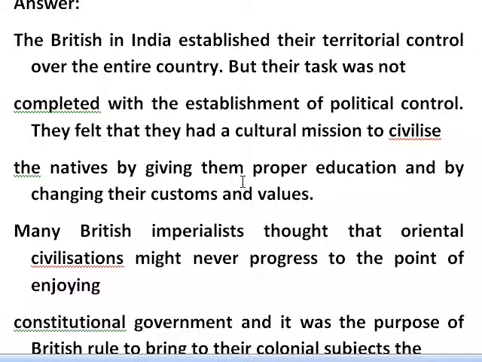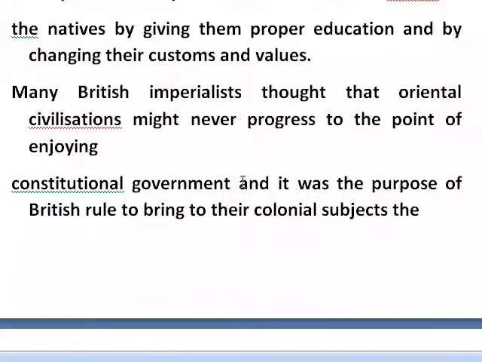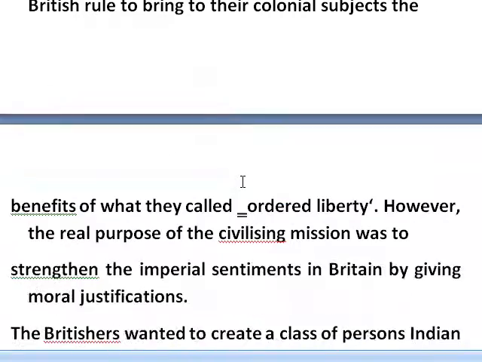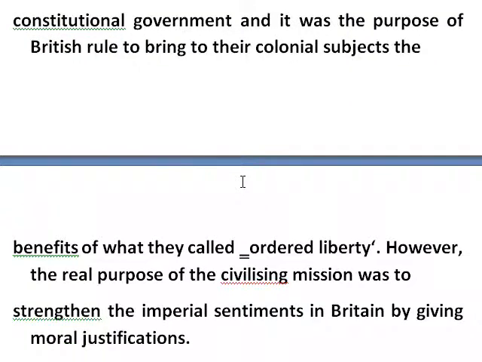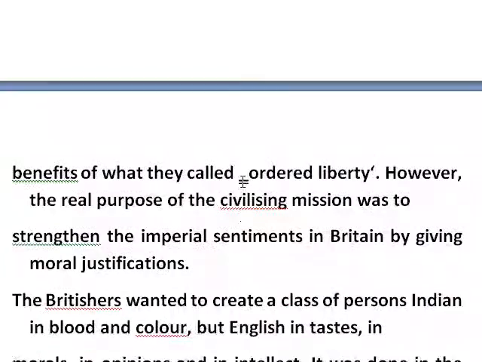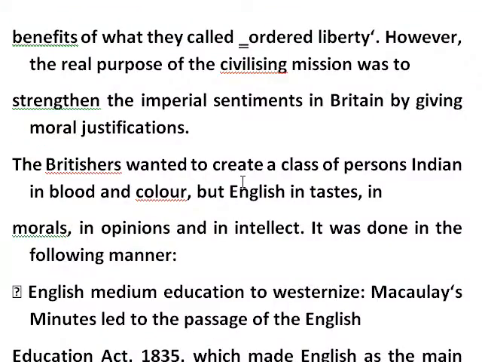Many British imperialists thought that Oriental civilizations might never progress to the point of enjoying constitutional government, and it was the purpose of British rule to bring to their colonial subjects, through other benefits, what they called order and liberty.